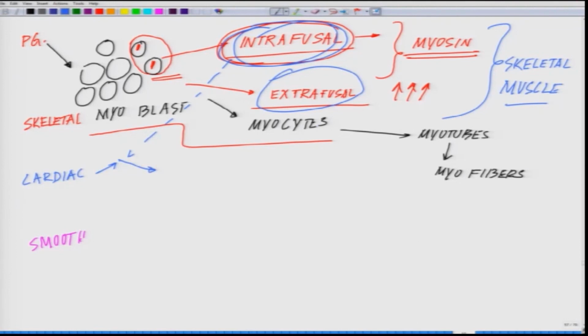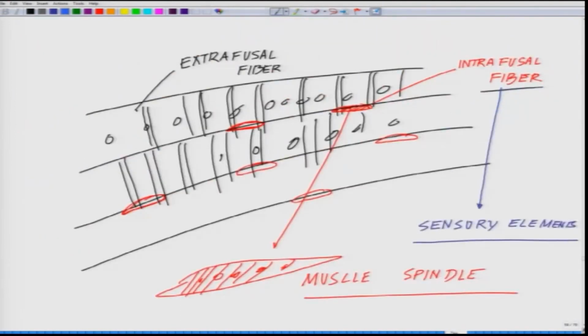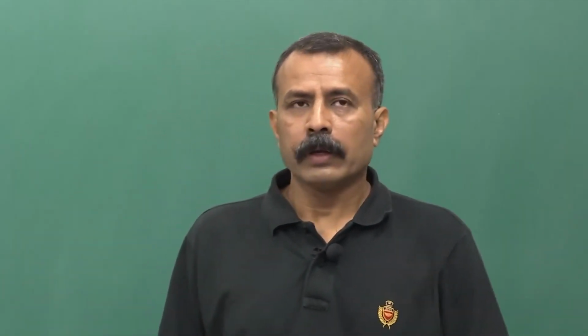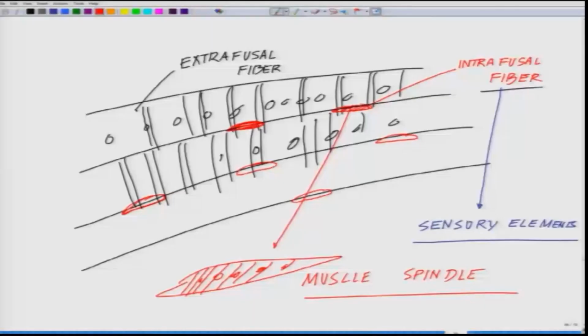Okay. Now, having introduced this concept of intrafusal and extrafusal, what we will do next is develop the circuit from here. This is where the spindles are sitting, and you can consider them as spindle shaped myotubes.